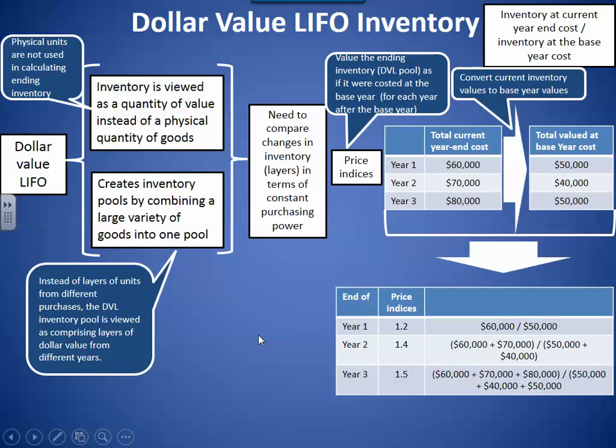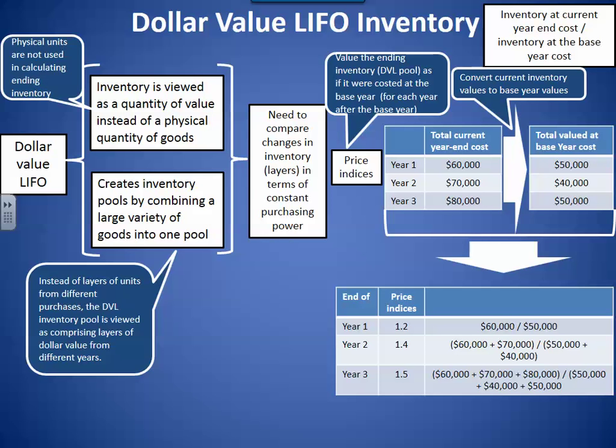If we're trying to compare the two, we're basically comparing apples with oranges, and we can't do that because we have to identify layer changes. So we need to compare changes in terms of constant purchasing power.